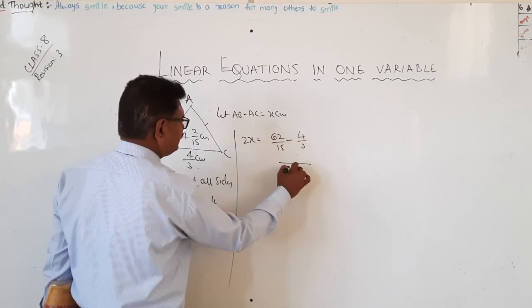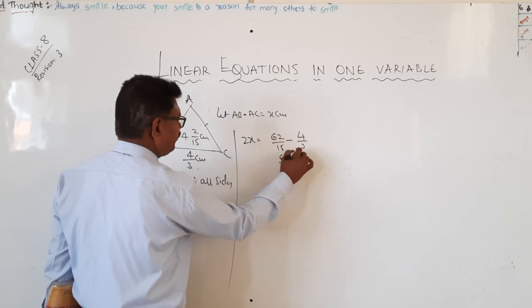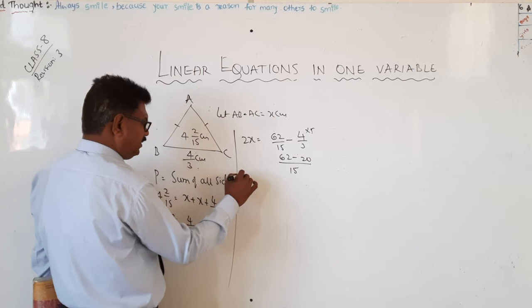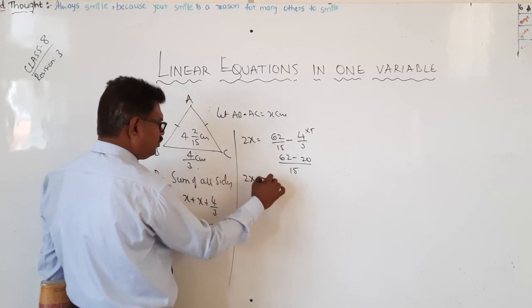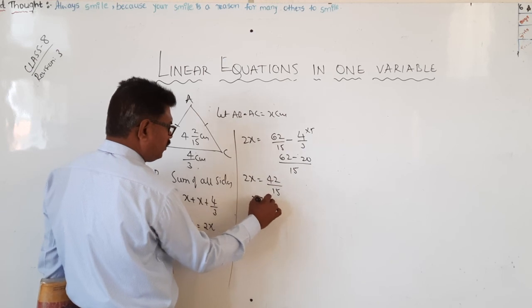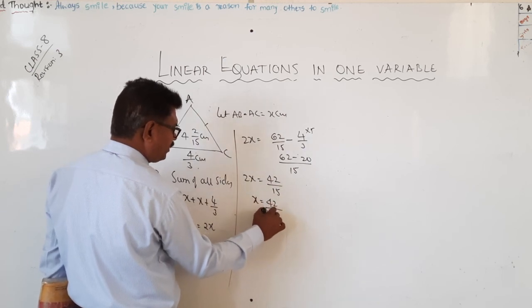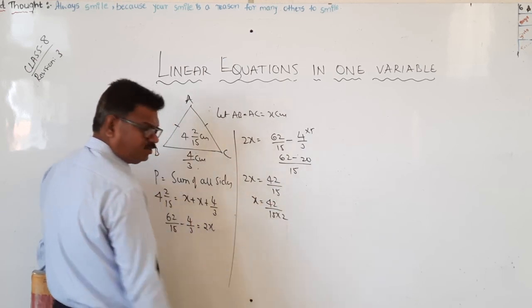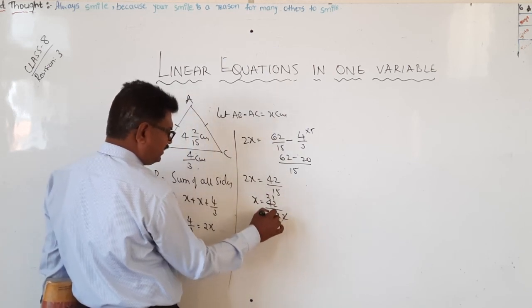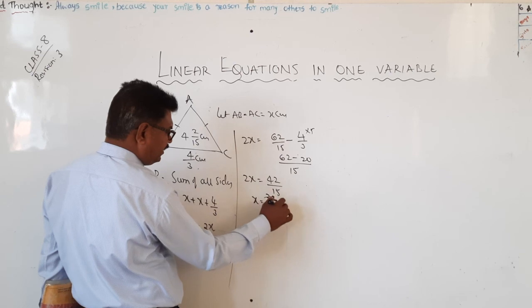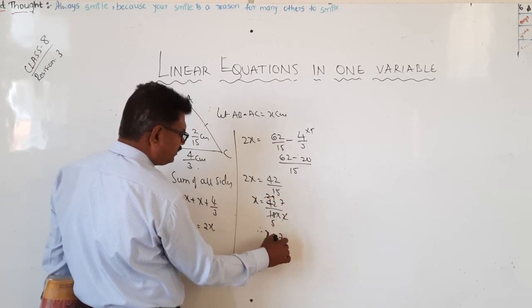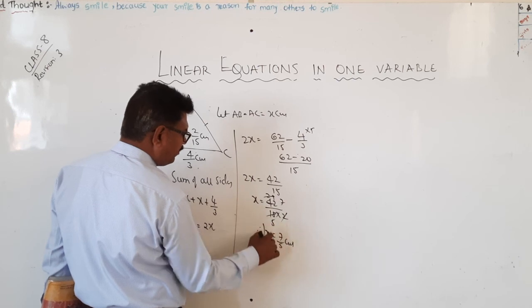The LCM is 15. 62 minus 3 into 5, 5 4s are 20. Therefore, 2x equal to 42 by 15, x equal to 42 by 15 into 2. So 2 1s, 2 2s, 3 5s, 3 7s. Therefore, x equal to 7 by 5 centimeters.